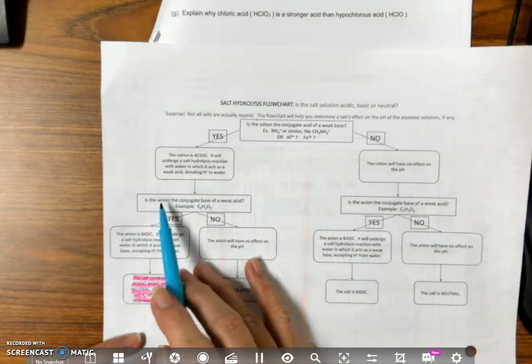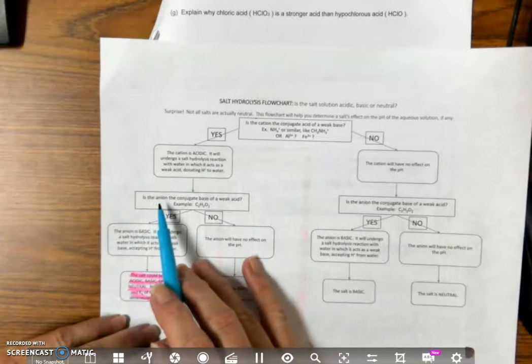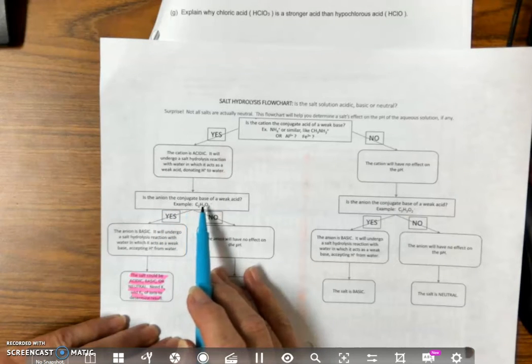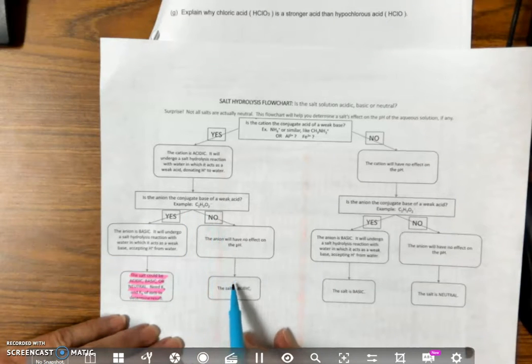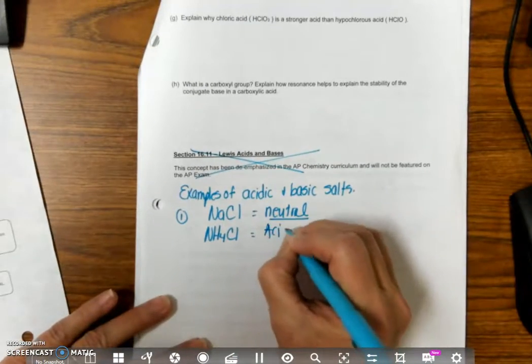All right. Is the anion now? So we know that the cation is acidic. What about the anion? Is the anion the conjugate base of a weak acid? It is not. It is Cl, which is the conjugate base of a strong acid. Therefore, the NH4 takes precedence. It is acidic. Cl minus is neutral, so this salt is acidic.